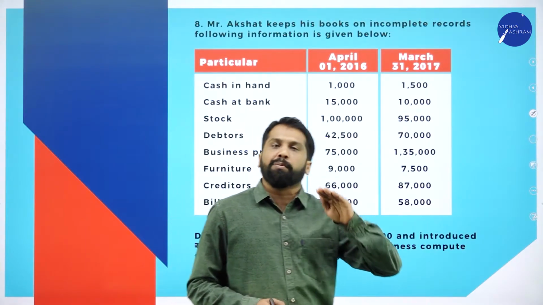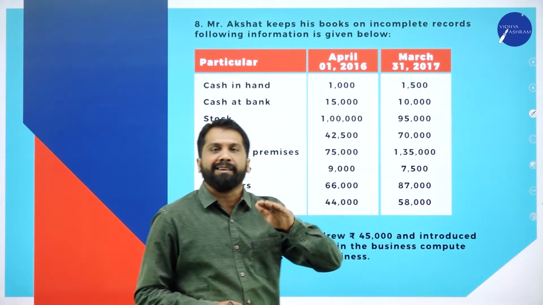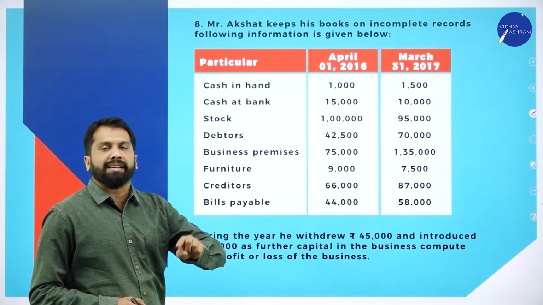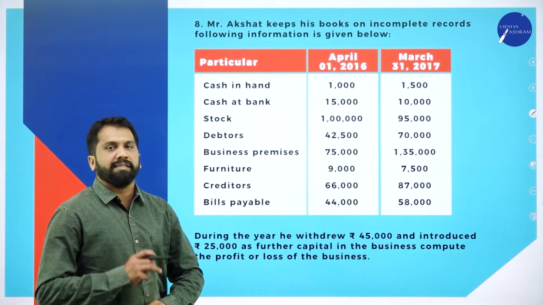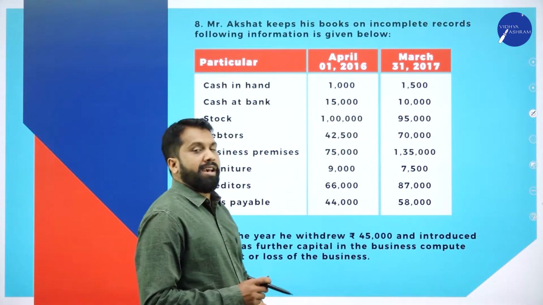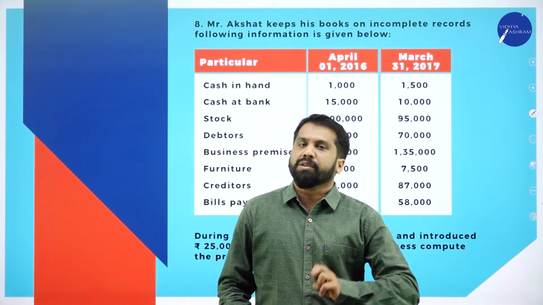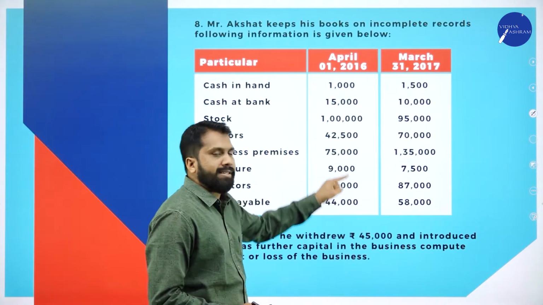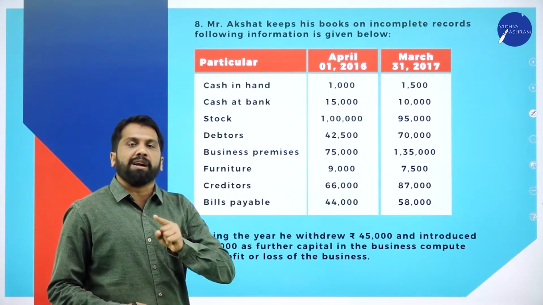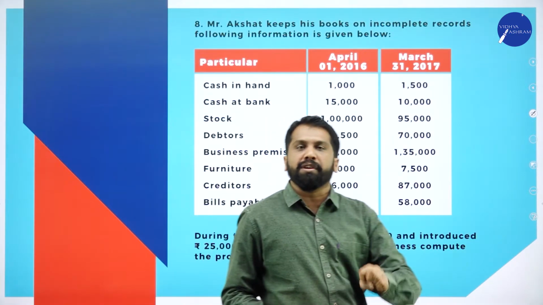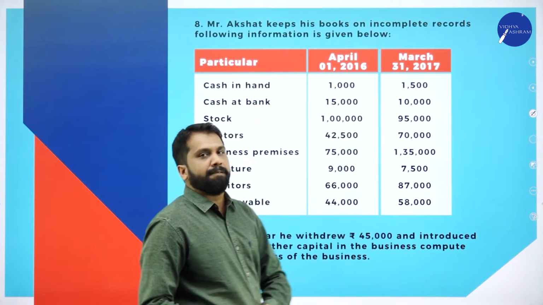They have given all the opening balances and all the closing balances, that is, last year and current year. Whatever information is given, we have to do twice: statement of affairs for 2016 and statement of affairs for 2017. We have to do it for 2 years in this problem.